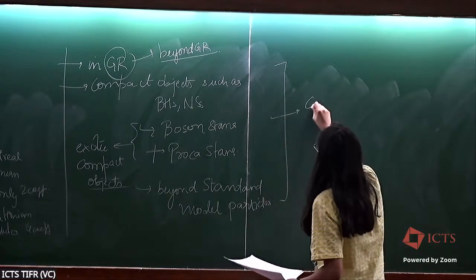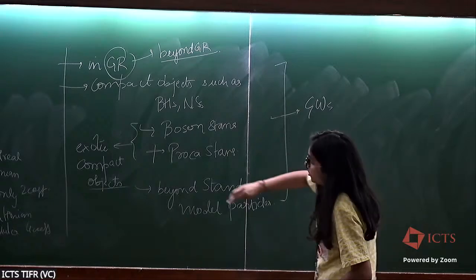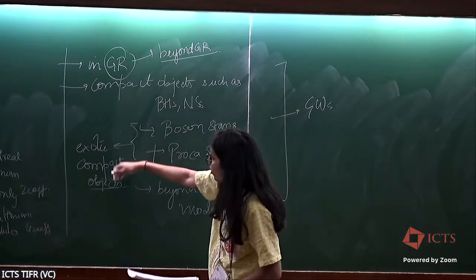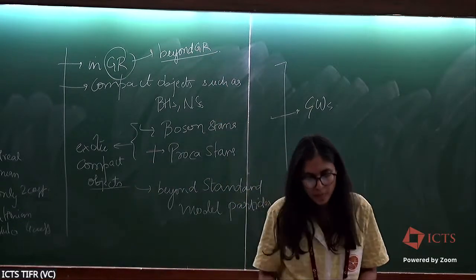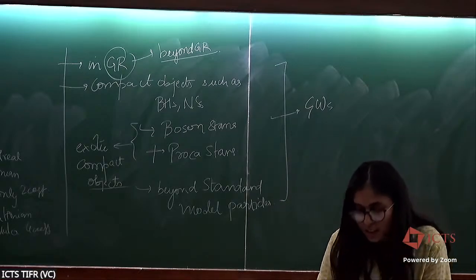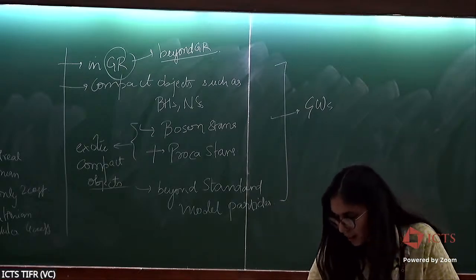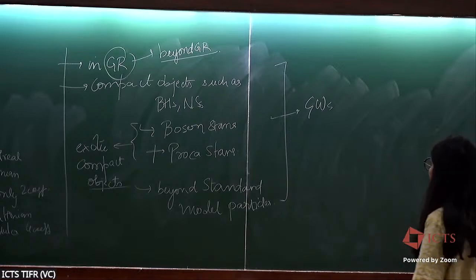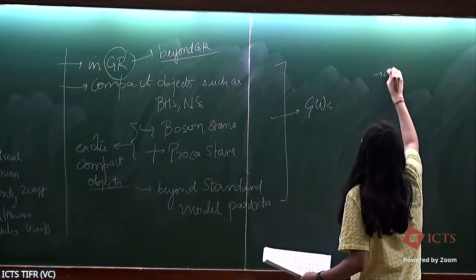Suggesting that GWs provide a wealth of information which we can use for either this or a mixture of this. And for that, again, we need precise waveform templates to be used by LIGO for the detection purposes as well as parameter estimation.